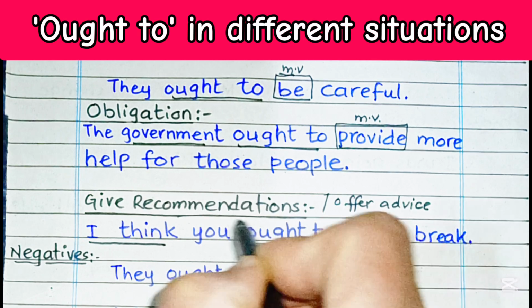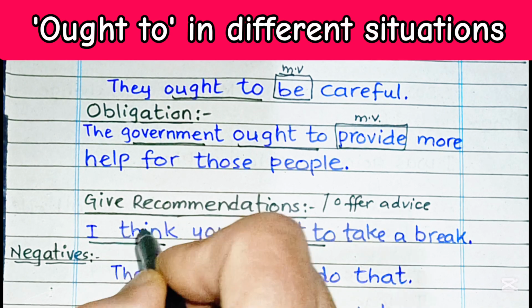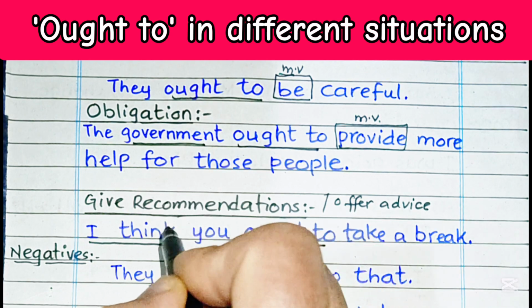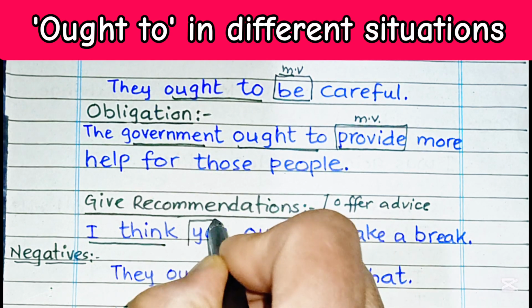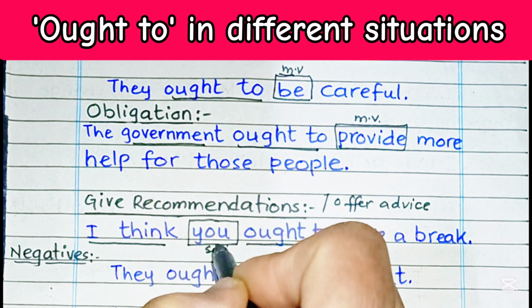This is ought to, and before that we have to put this particular expression, I think. So I think comes before ought to, with the subject. This is the subject over here, you.